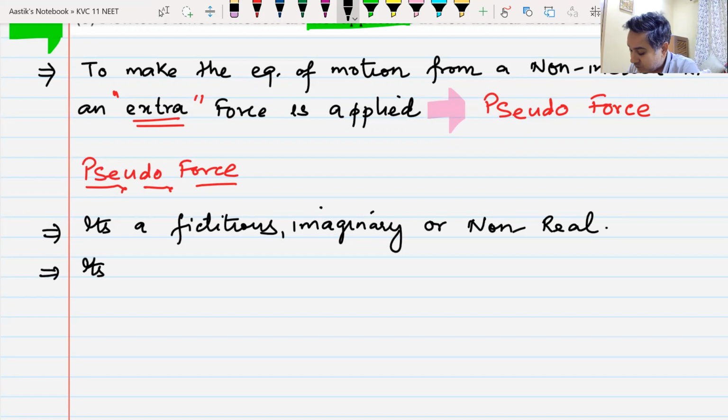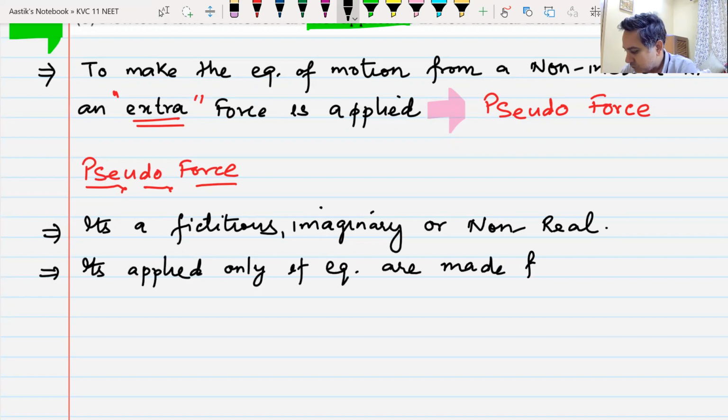It's applied only if equations are made from where? You only need to apply pseudo force when the equations are made from a non-inertial reference frame.